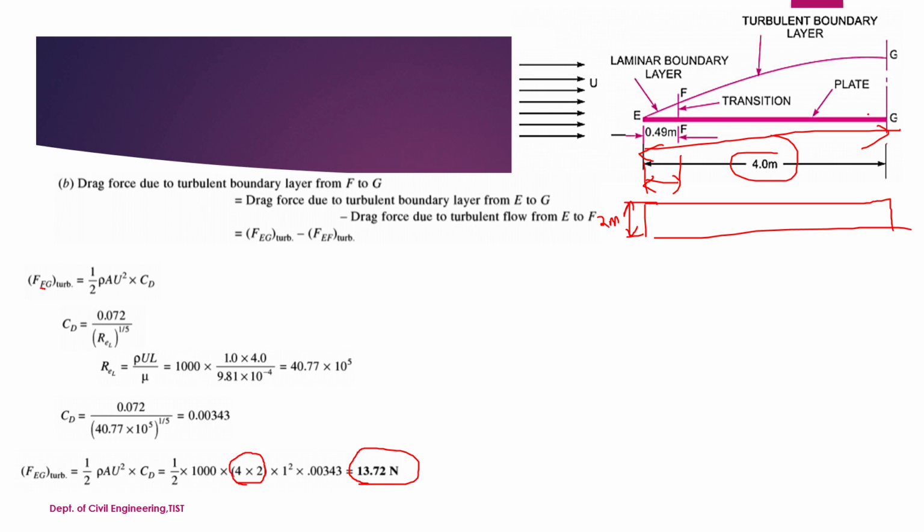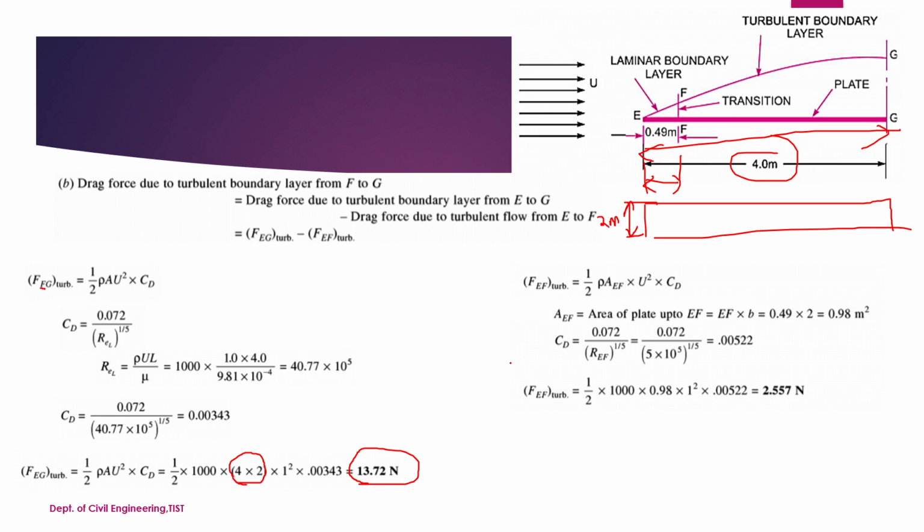So this value 13.72 is the drag force from E to G. Now we'll find out the drag force from E to F. Here what will be the area? Here F is over here, so we'll be taking this area only. That means 2 into 0.49. Here 2 into 0.49 is taken as the area, and the equation used is for turbulent boundary layer.